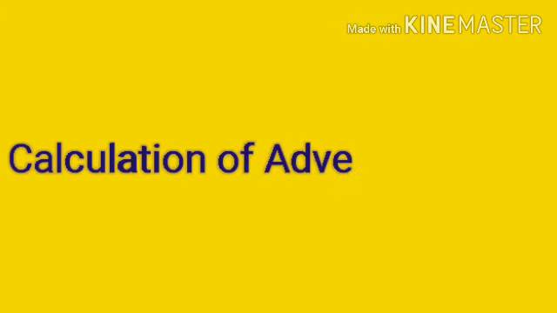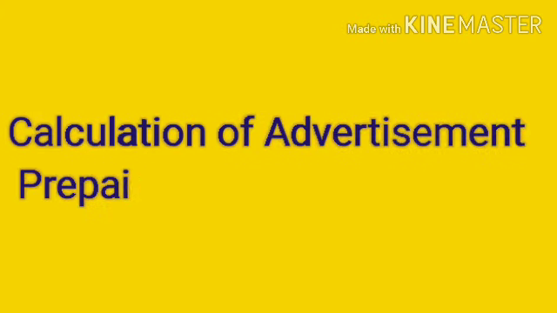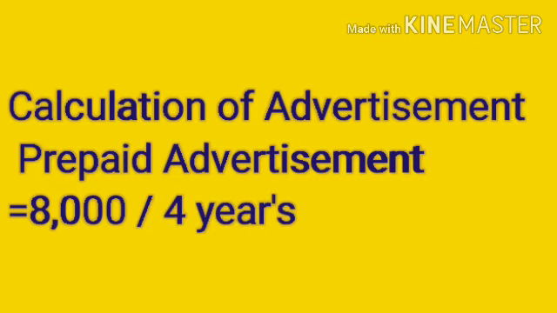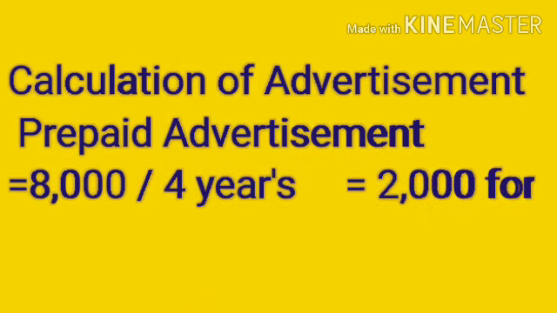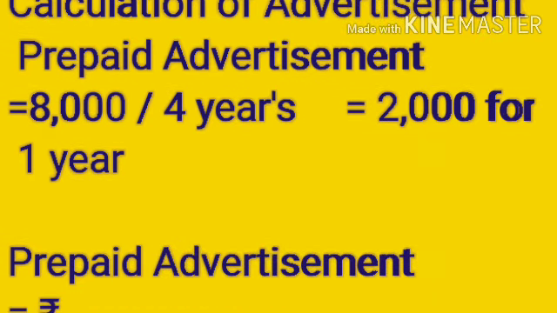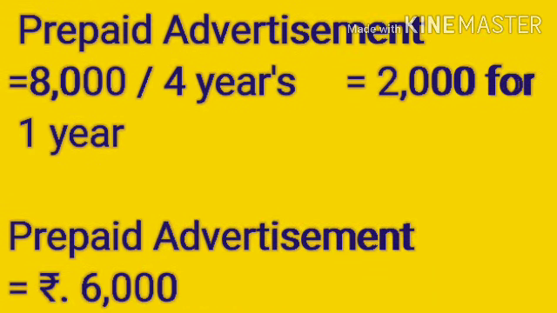First we calculate prepaid advertisement, that is 8,000 divided by 4 years, that is rupees 2,000 for current year.